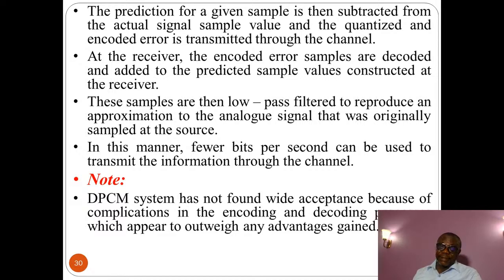In this manner, fewer bits per second can be used to transmit the information through the channel. But note, the DPCM system has not found wide acceptance because of complications in the encoding and decoding processes, which appear to outweigh any advantages that may have been gained.